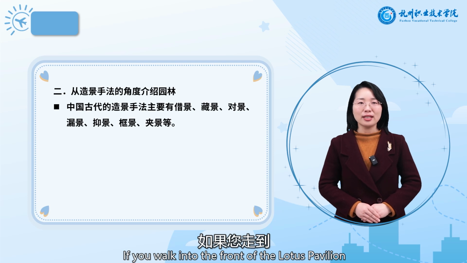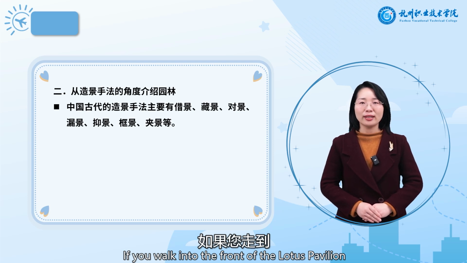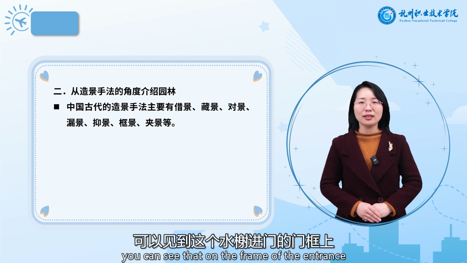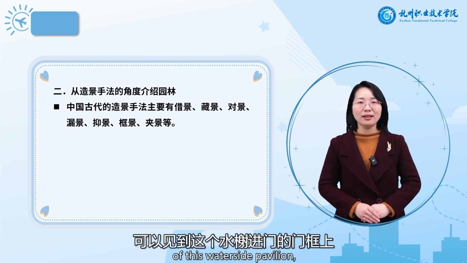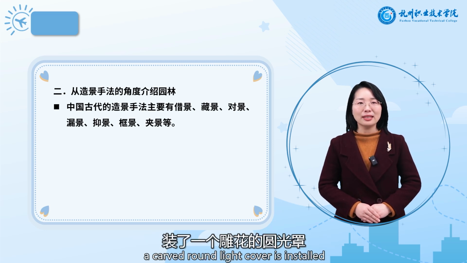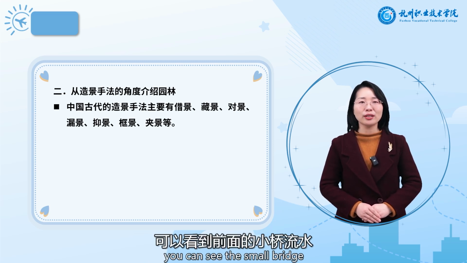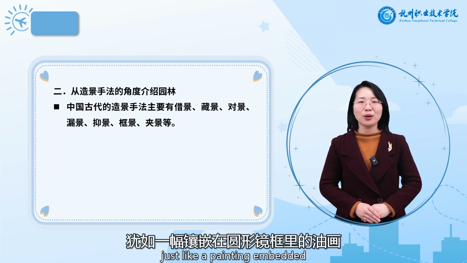If you walk into the front of the Lotus Pavilion and look into the west, you can see that on the frame of the entrance of this waterside pavilion, a carved round-lined cover is installed. Through this round-lined cover, you can see the small bridge and the flowing water ahead, just like a painting embedded in the circular frame of an oil painting.